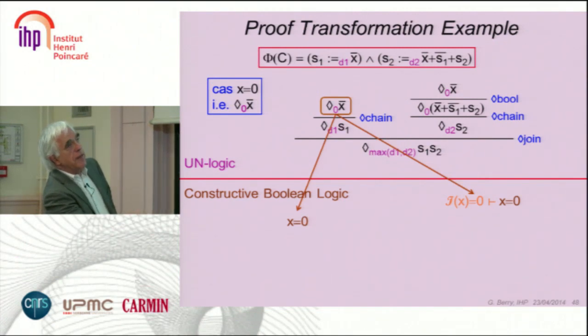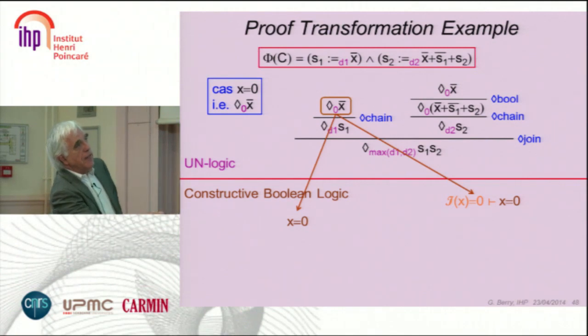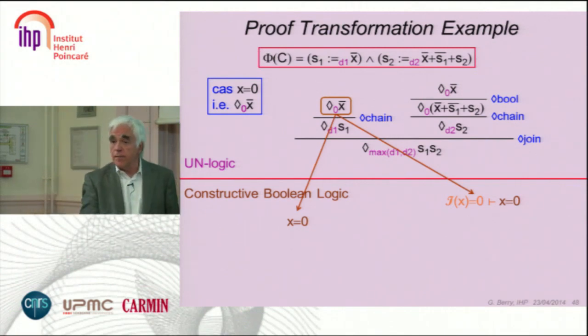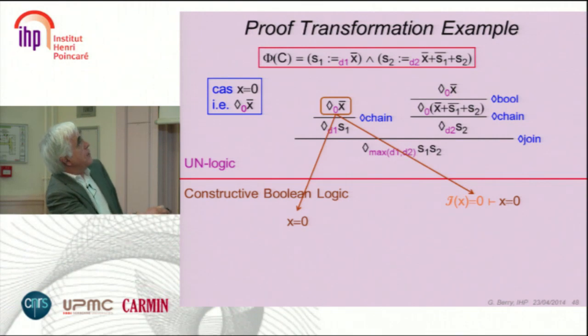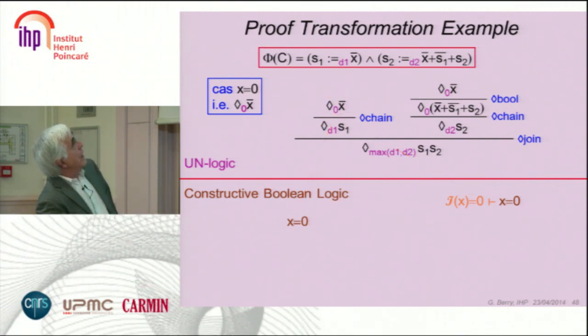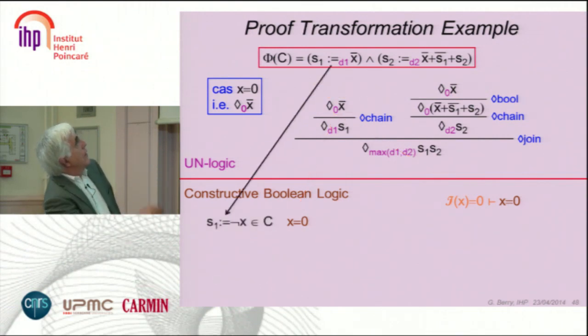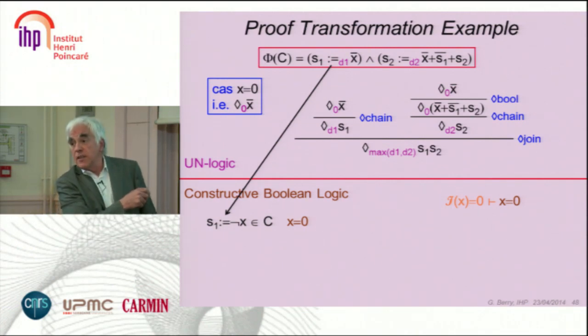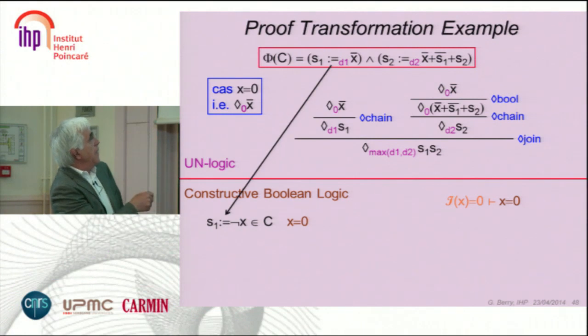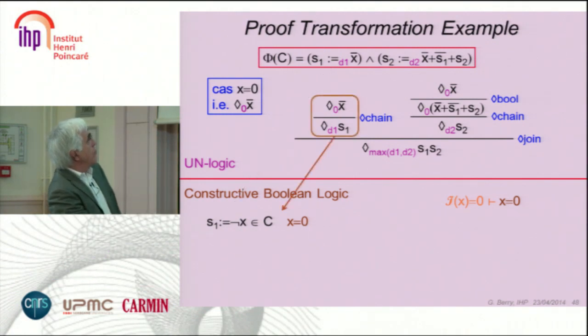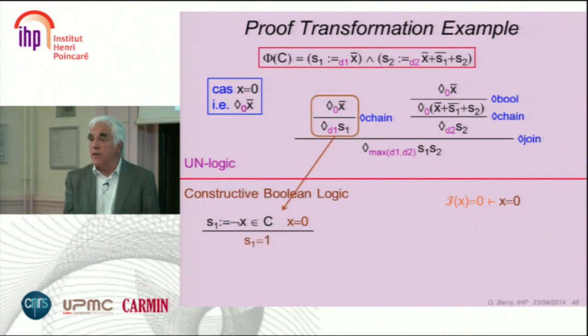And remember, this means that I omit this turnstile because the input vector is always the same, and the circuit definition is always the same. So now what you do, you copy the equation here. So this is in the other syntax with the same equation. And then because of the equation rule in constructive Boolean logic, you can say that S1 is 1.